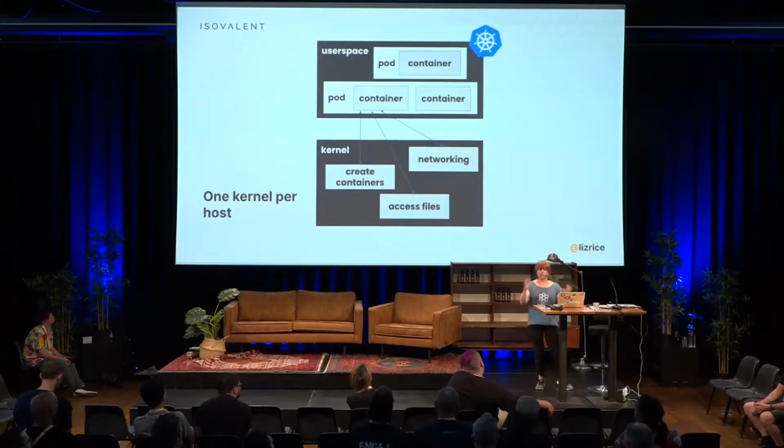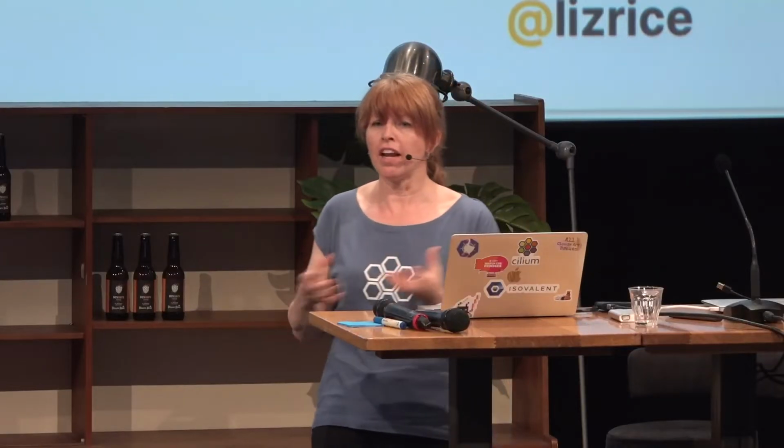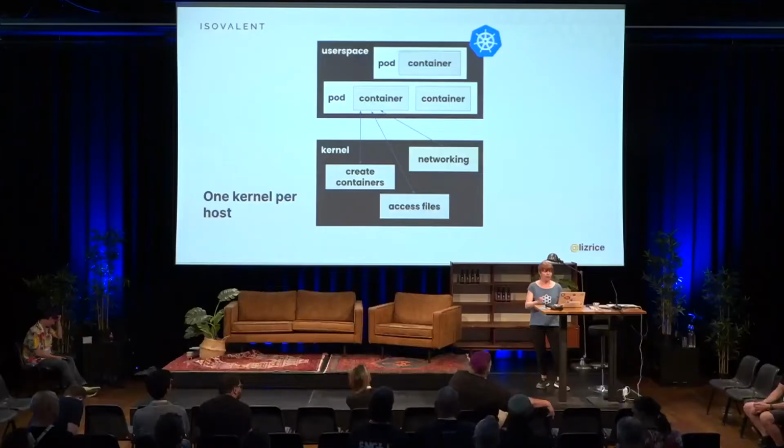And just like any other application, if they want to do anything that involves any kind of hardware, they're going to have to use the kernel to do it. They're going to have to use the syscall interface to send or receive messages or to read data out of files. Kubernetes is going to have to use the kernel every time it wants to create a new container.